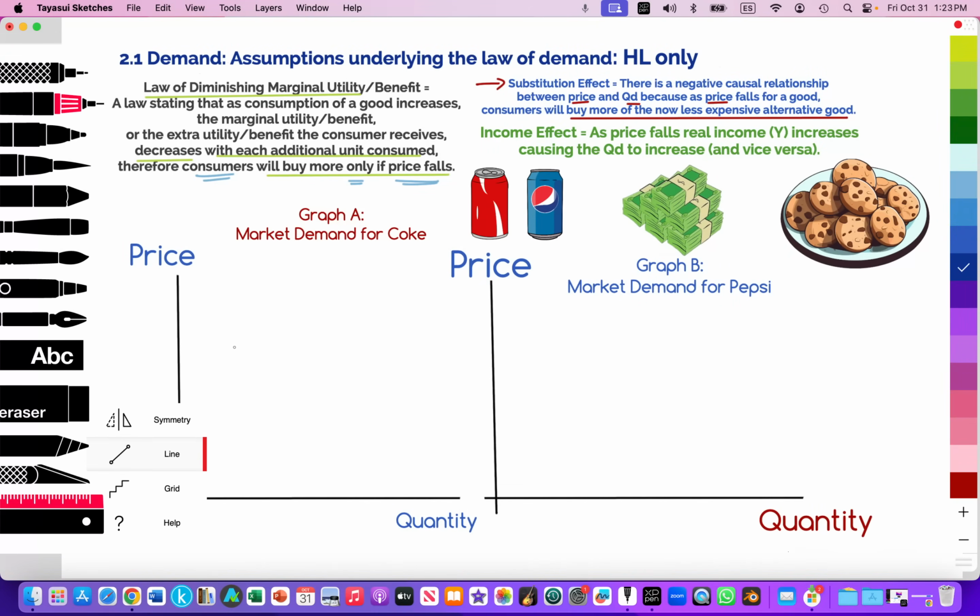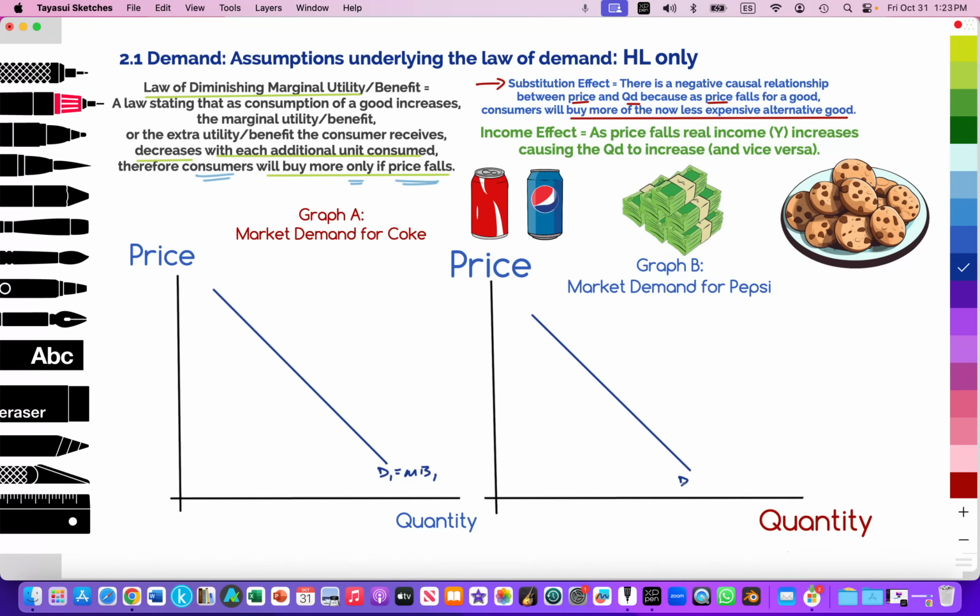So here we're going to have the demand curve for Coke. We're going to label this demand D1 equals marginal benefit 1. And over here we're going to have the demand curve for Pepsi labeled D2 equal to the marginal benefit 2.